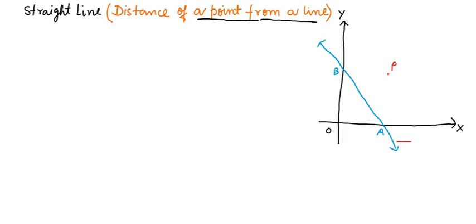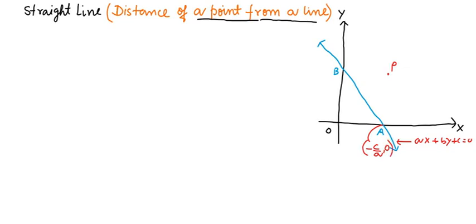Suppose the equation of this line is Ax plus By plus C is equal to 0, and the coordinate of this point A will be equal to (minus C by A, 0).